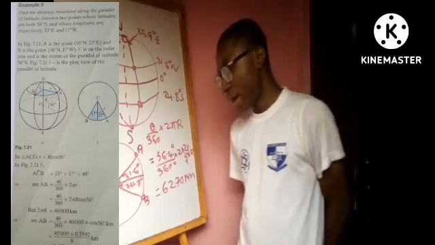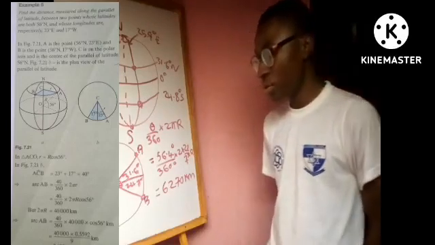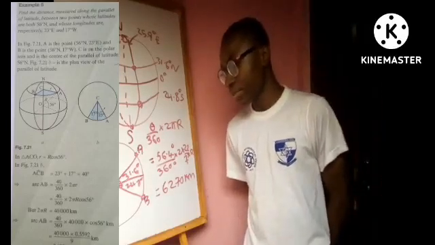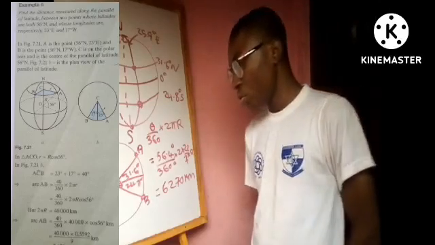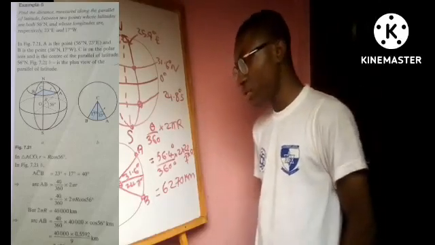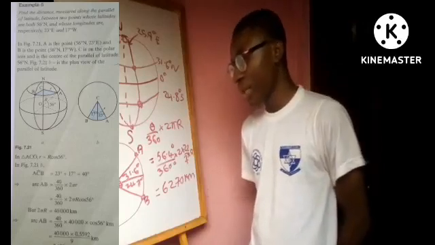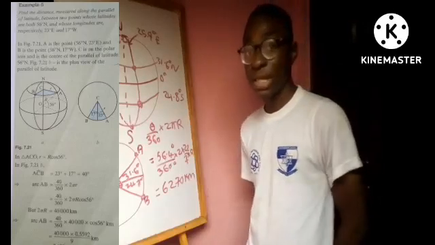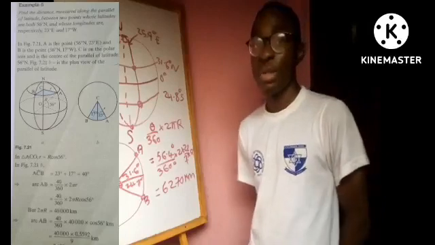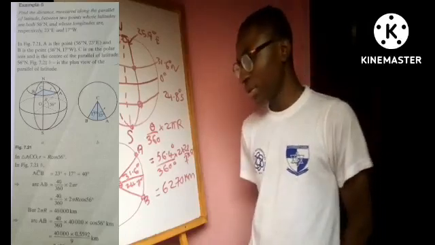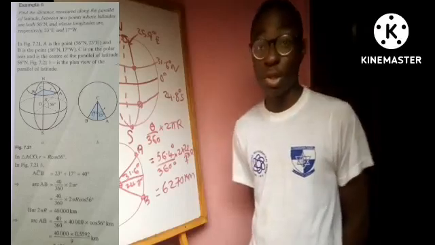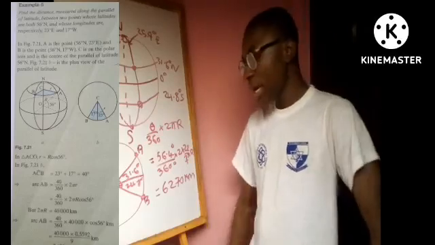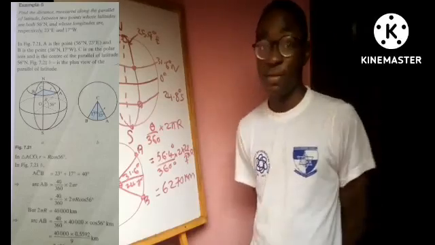In the triangle ACO in the diagram, the triangle represents the angular displacement of the latitude from the center of the earth. So the new radius of the circle will be equal to r cos 56, and r is the radius of the earth, which is 6,400 kilometers.